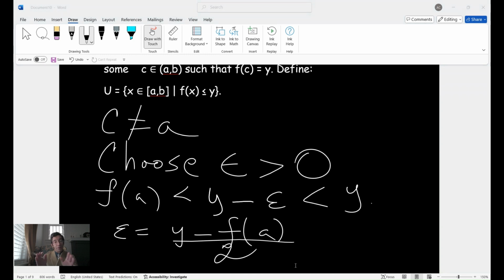I mean, it's a pretty good choice here. You can't really bungle this. But if we talk about continuity at A, that means that there exists a delta greater than 0.